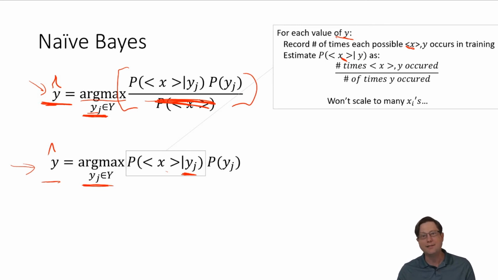Anything beyond the simplest possible couple of dimensions, you're just not going to be able to keep the counts you need to record those probabilities to do the estimation, to use this model to make discriminative predictions of the possible value of y. And so this is why Bayes is naive: you make an independence assumption.